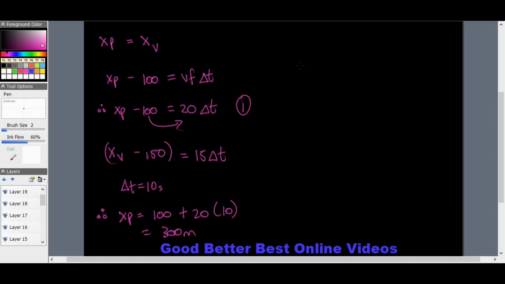So to conclude, the police car catches up to the van after 300 meters.